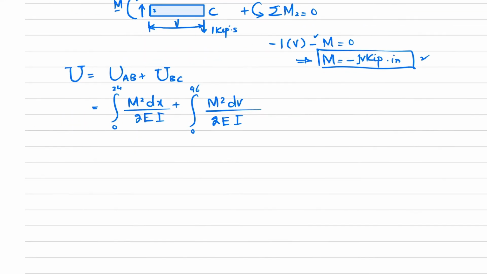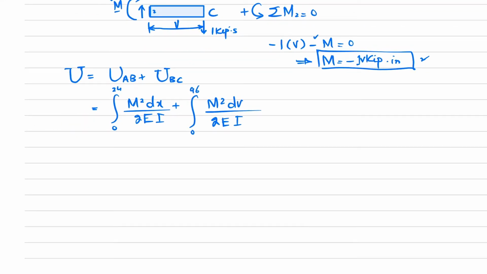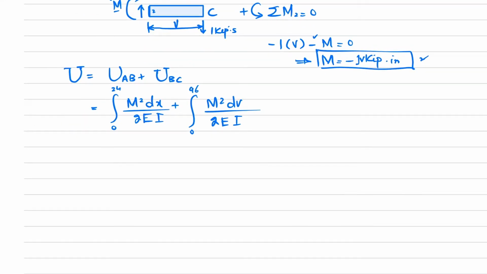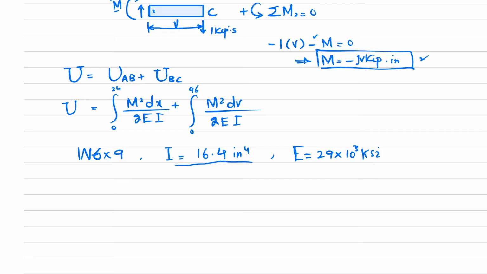Now you have all the values, but you do not have I. So for W6x9, we will note down the I value. I have already written it is 16.4 inch to the power 4, I will show you in a while, and E was given as 29 into 10 raised to the power 3 ksi. So let's move and I will show you.